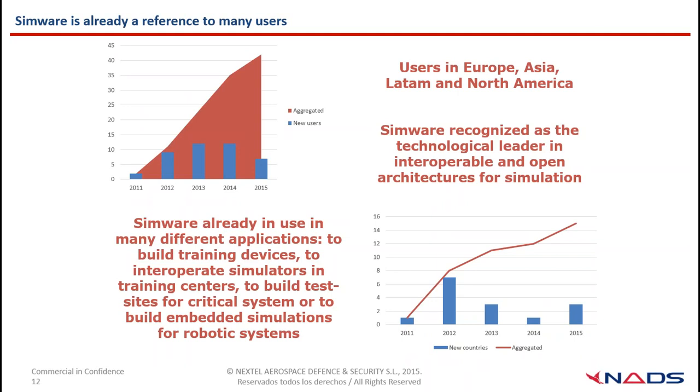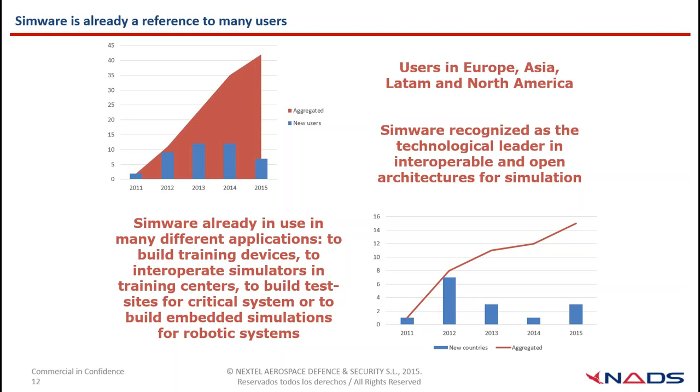Right now we are already a reference in many cases. We have presence in 15 countries, more than 40 users located on 3 different continents, and with very different applications.